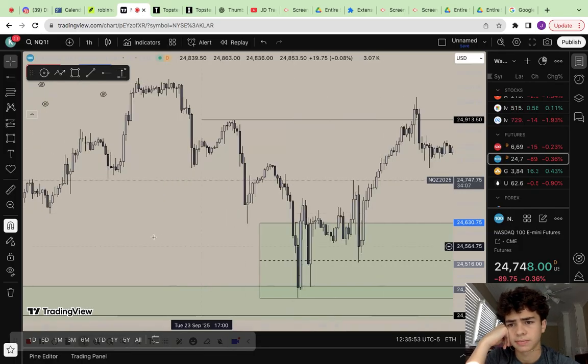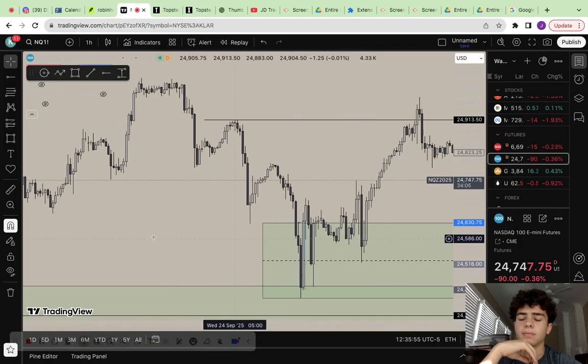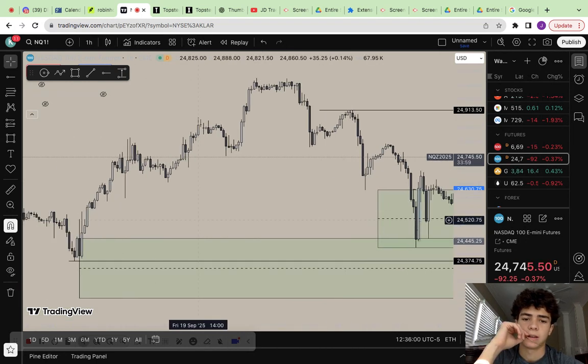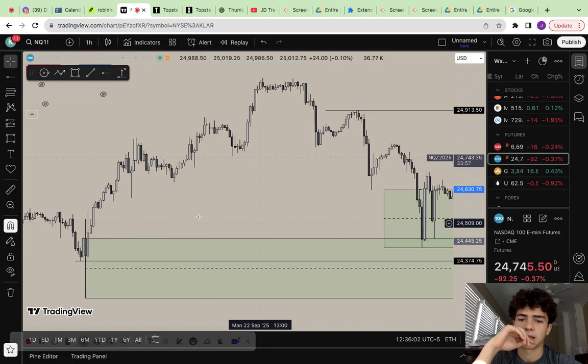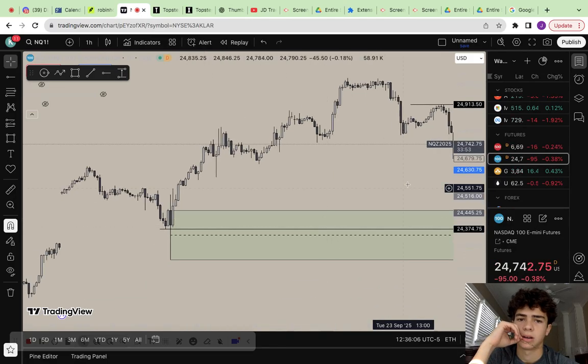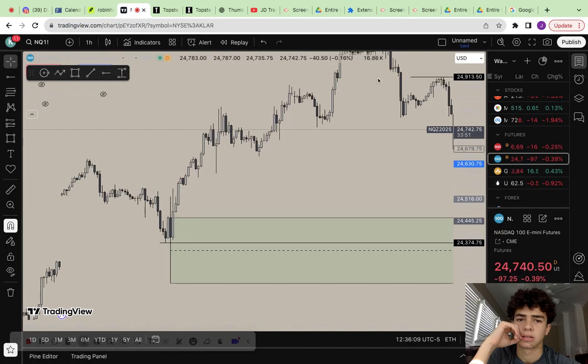Let's see. This wick. Not really any good examples on the hourly that I could see from here. Let's see this. Is this?